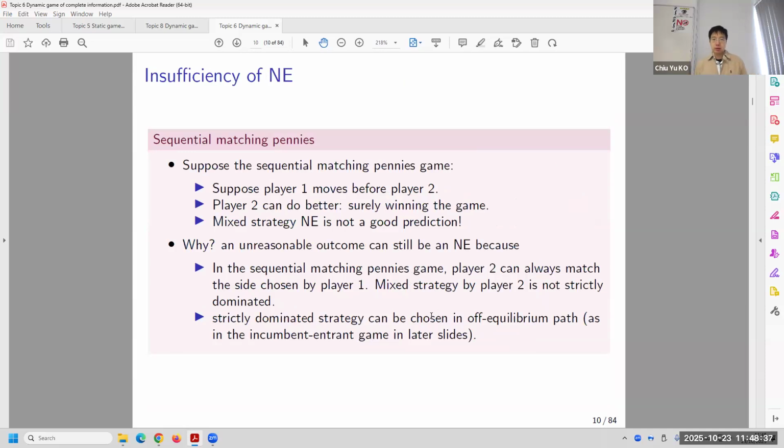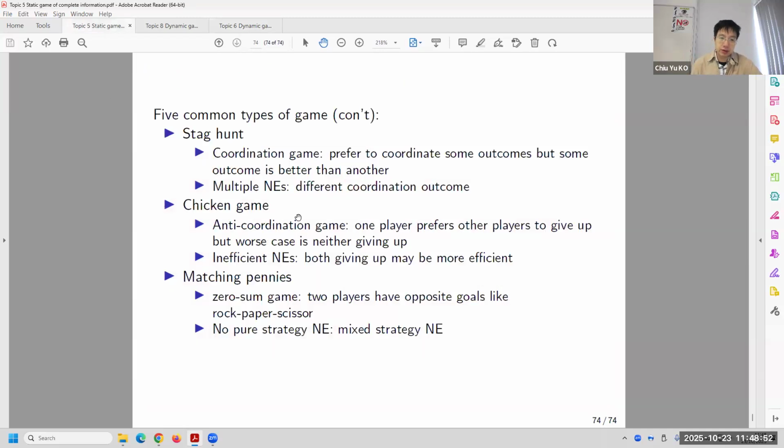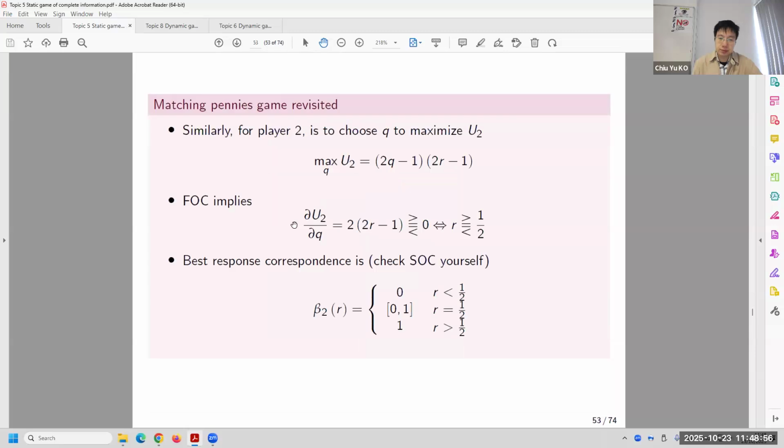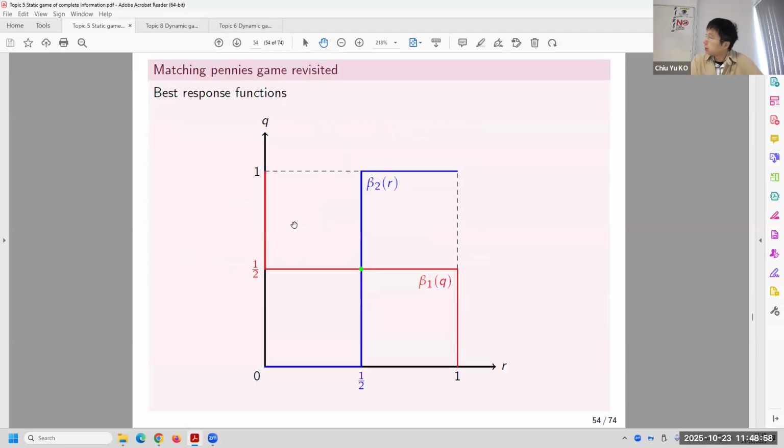So what you can check is, remember the simultaneous matching pennies game. The only equilibrium is a mixed strategy. If you forget, last time we figured out that the only equilibrium is 1/2, 1/2, right?